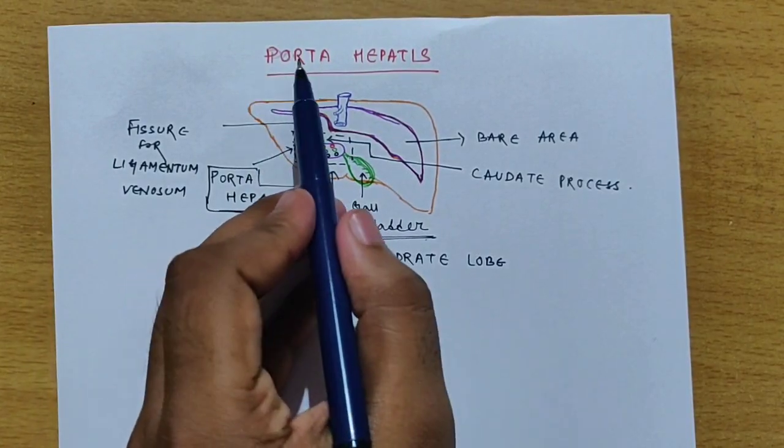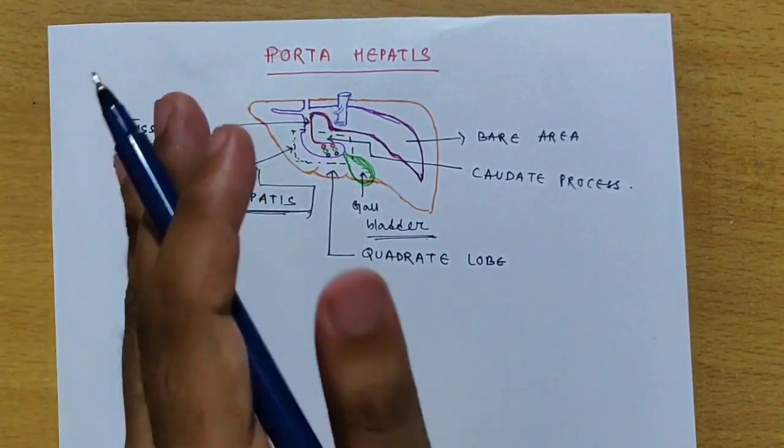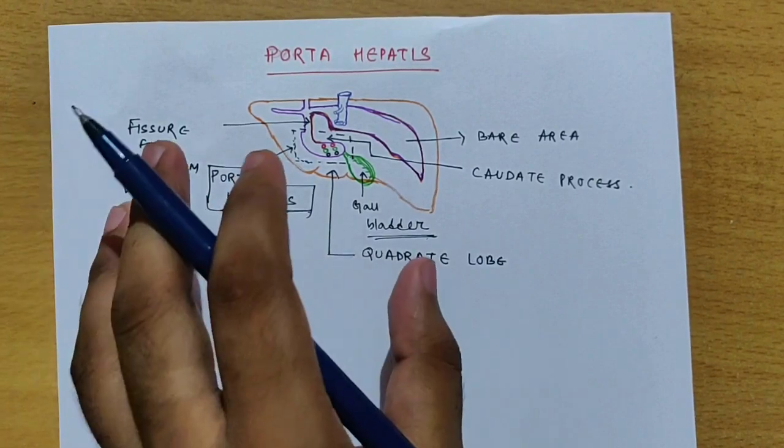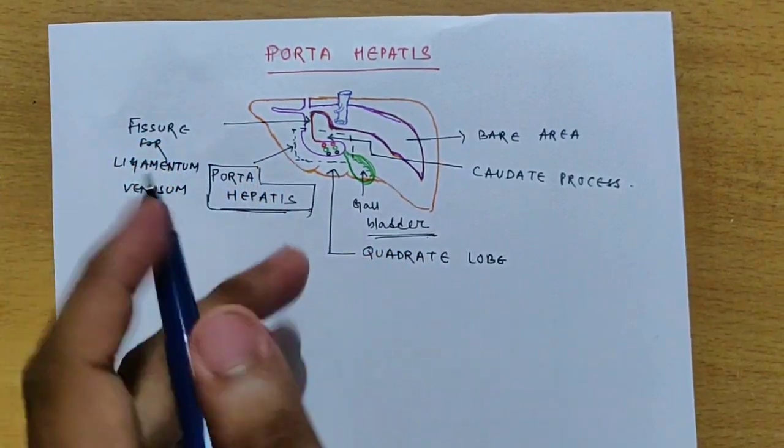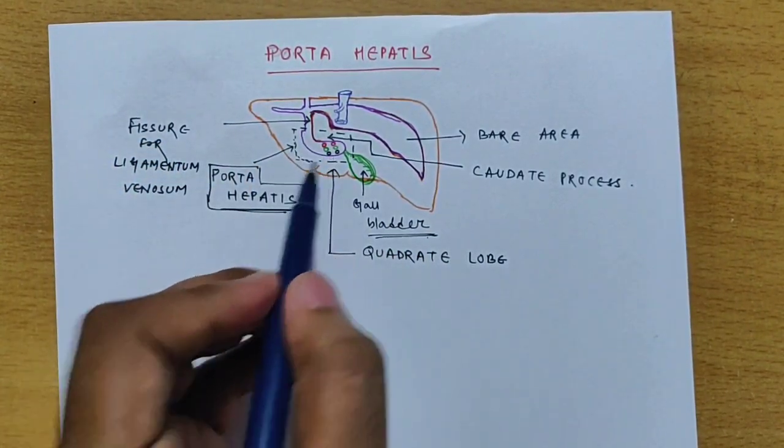Now we will see what is porta hepatis. Porta hepatis simply means gateway to the liver, that is the opening for the major blood vessels to enter and leave the liver.